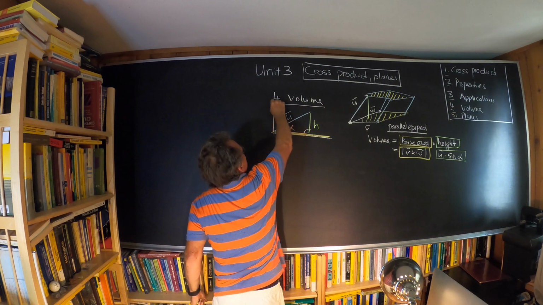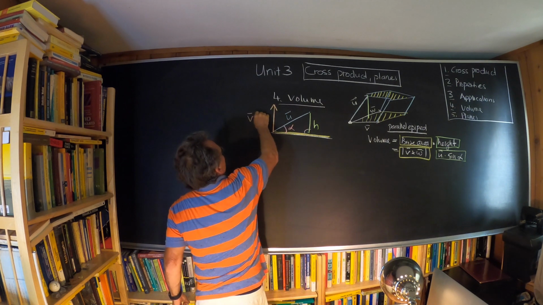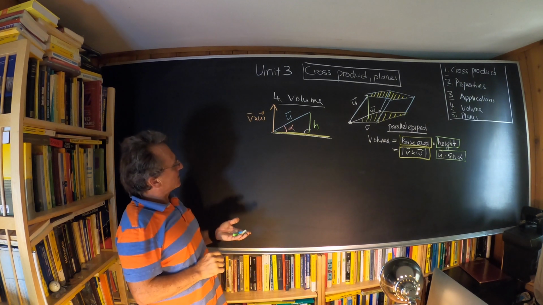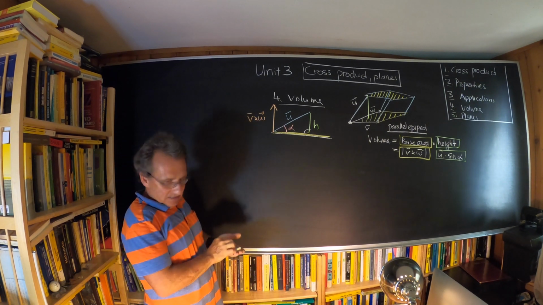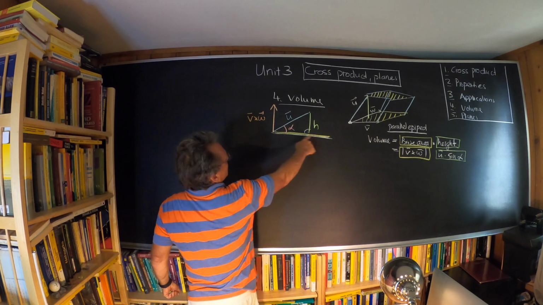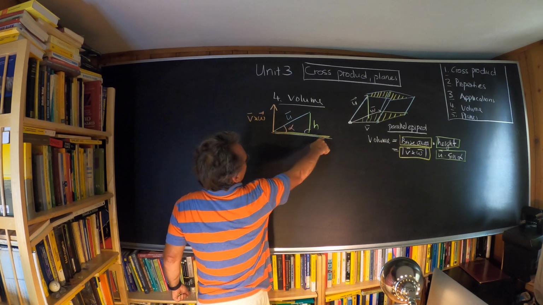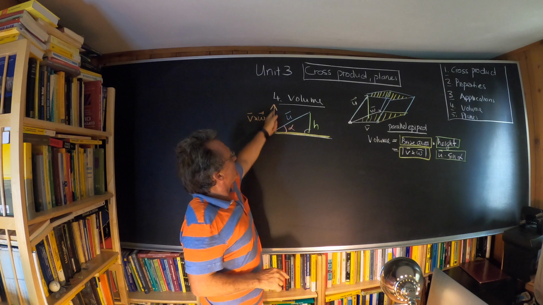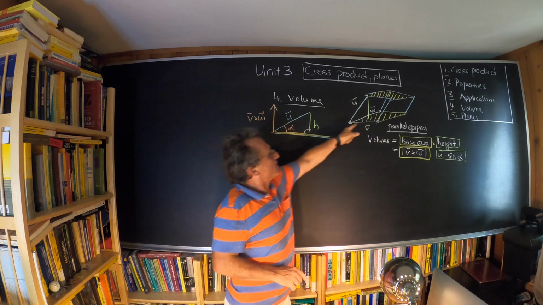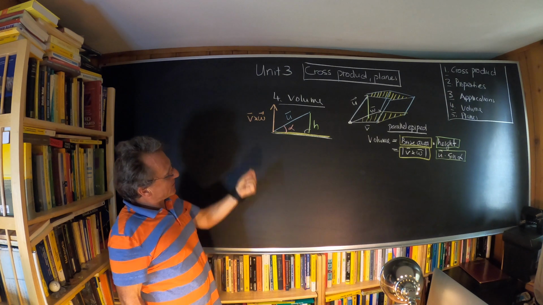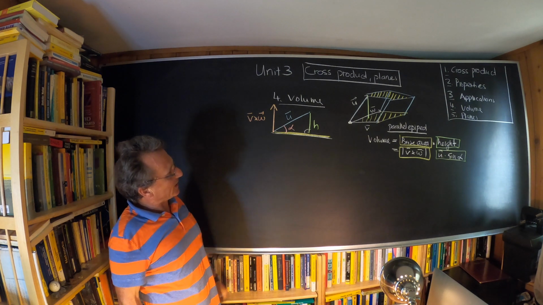What we have here is actually v cross w, and that vector is perpendicular to the plane. It's the vector which goes perpendicular up and gives us the right direction for measuring the height.